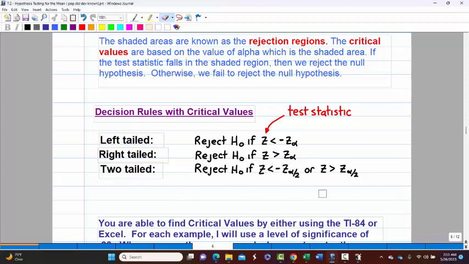And two-tailed, you always have an or. Reject the H-naught if z is less than negative z alpha over 2, or z is greater than z alpha over 2. I don't know if we're going to have a homework problem in this that does this, but they put the word and in there instead of or. Just treat it as or, because and is not right, because and means they would both have to be true. So just ignore anytime you see and. That's just a mistake. I can't really correct it. All right.